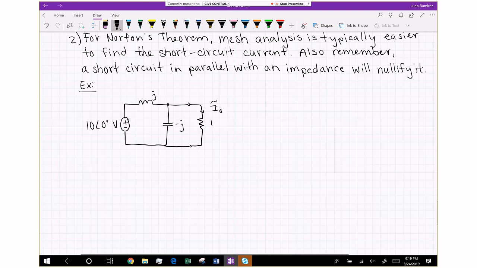Okay, so you have the circuit, and they say, hey, find I0 using Norton's theorem. Well, the first step of Norton's theorem is to find that short circuit current at the load terminals. So the correct thing to do would be to replace the 1 ohm resistive load with a short.